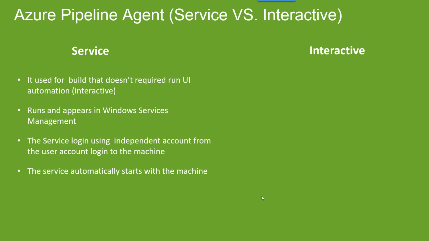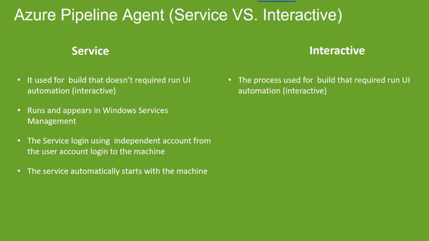Because this is a service, we can configure it to start automatically when the machine starts, and we can even configure it to recover, so for example if it crashes, it will be recovered as part of the Windows service capabilities.